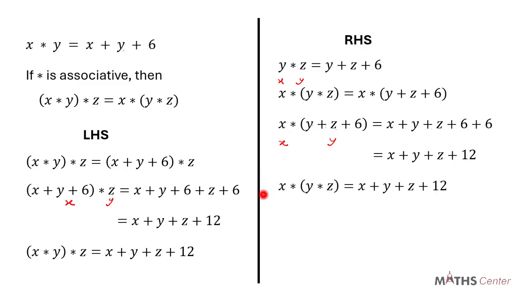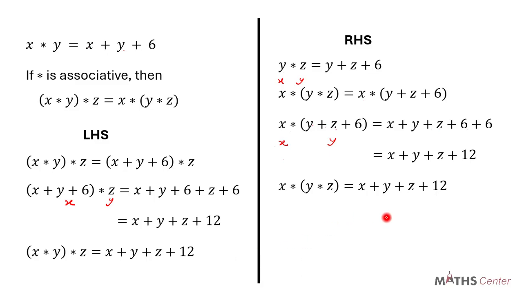So the right hand side, x star (y star z), is x plus y plus z plus 12. Now let's compare what we have on the left hand side to what we have on the right hand side. The left hand side, (x star y) star z, is x plus y plus z plus 12.